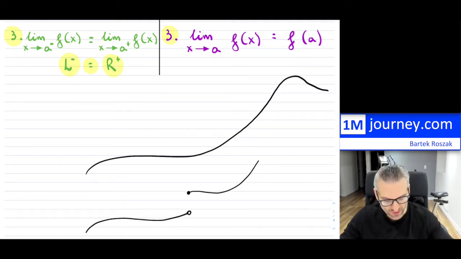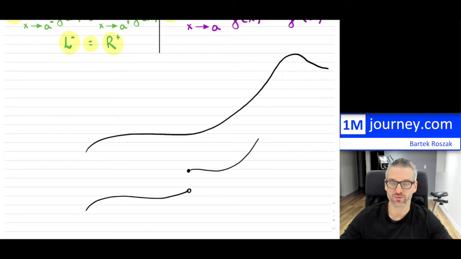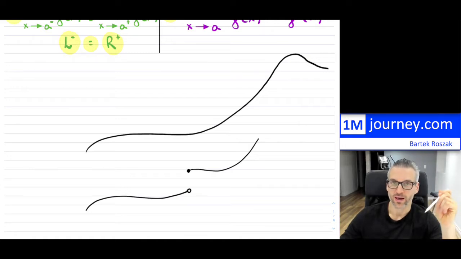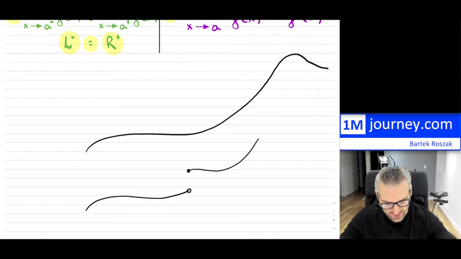Oftentimes teachers will talk about this, and I remember one of my teachers mentioning it. It's the whole test: can you trace out the function without ever having to lift your pencil? If you have to lift your pencil off, you're creating a discontinuity. All right, so that's the introduction.